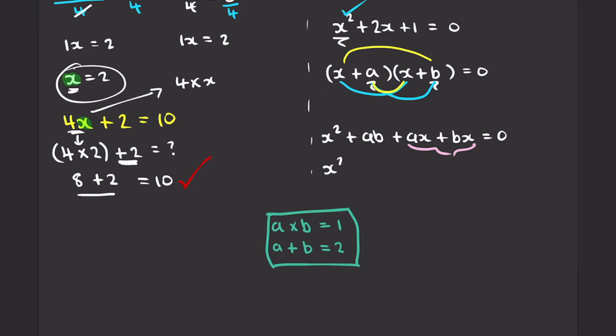So we have x squared plus x, because they're the like terms of these bits, and then you have a plus b because we just factorized out x from here, then plus ab. So all I've done here is factorize this bit to give us this.